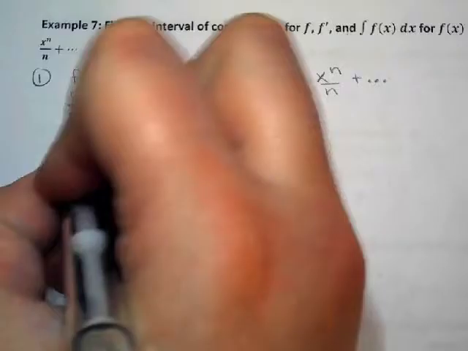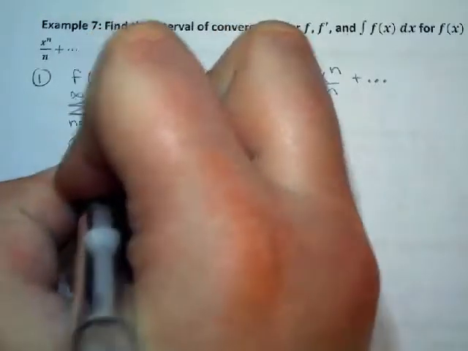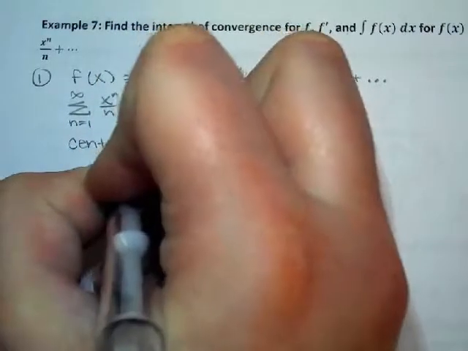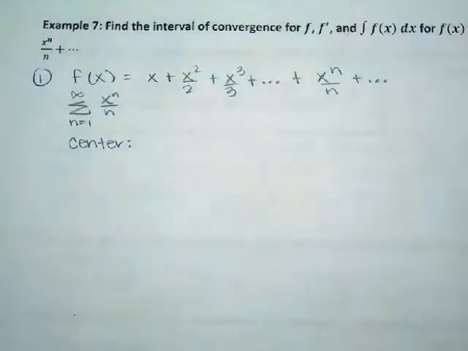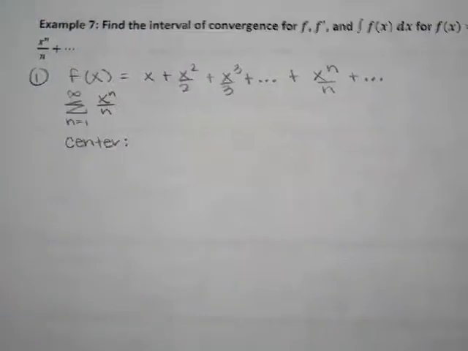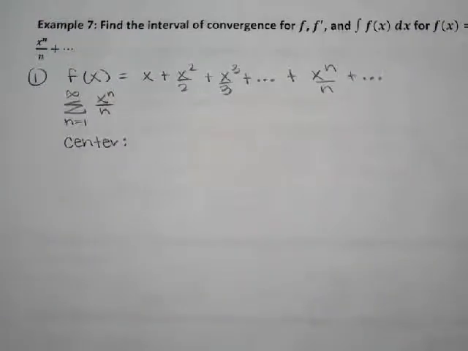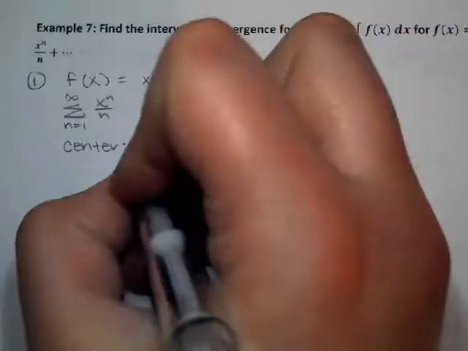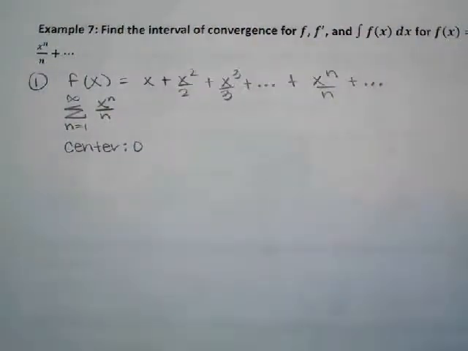All right, what is the center? 0. Okay, and now we need to go ahead and find the radius of convergence, and how do we do that?